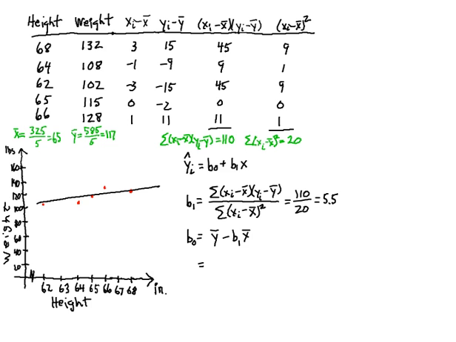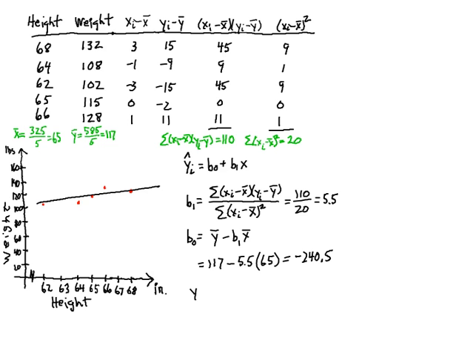So taking y bar at 117, subtract 5.5 times x bar at 65, I get a negative 240.5.